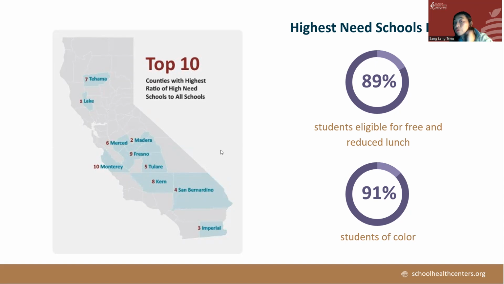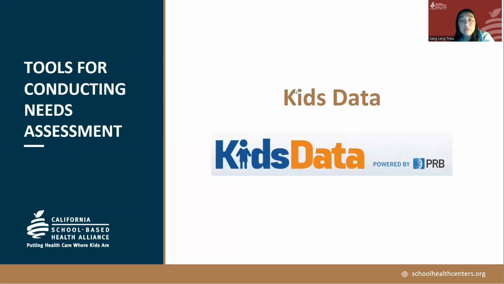And for the schools that we have highlighted, these are considered high need schools, which means that overwhelming majority have students who are eligible for free and reduced lunch, which is a proxy for poverty, and then students of color.